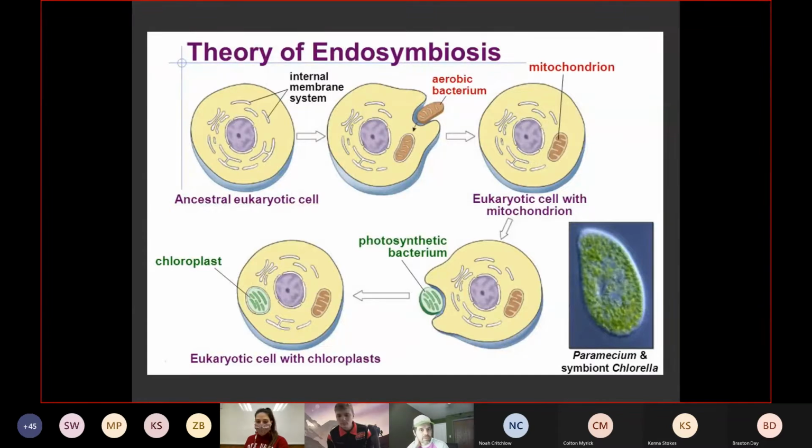What is each partner getting out of this relationship? Usually it's what the other one produces. Okay, so the mitochondria are producing what? They synthesize ATP and the cell uses ATP. Yeah, so they're energy factories. And what do they get from the cell?